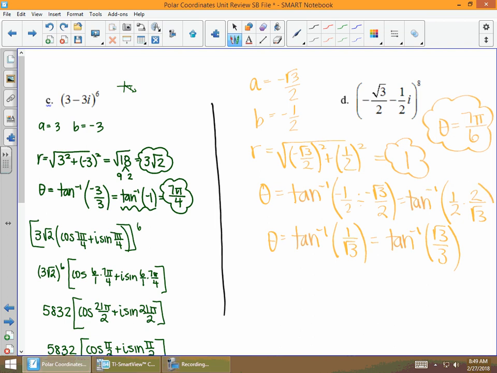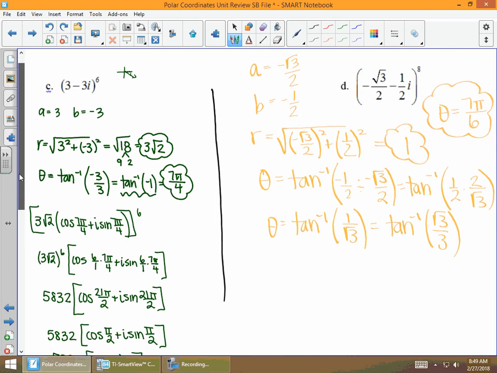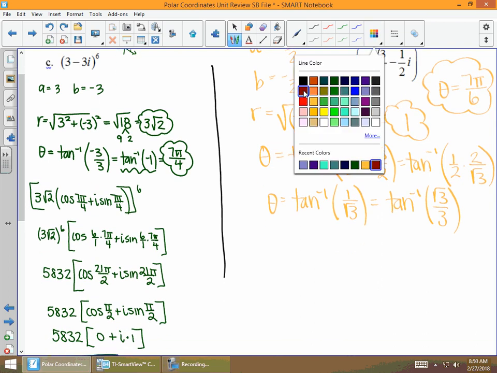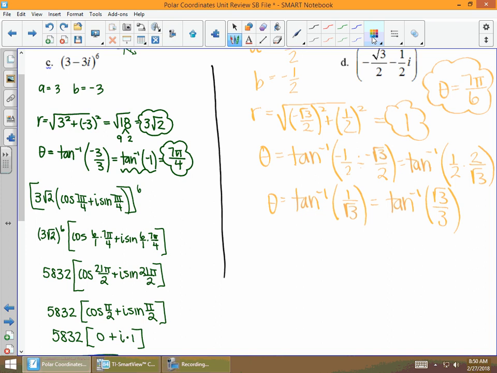Now we're ready to roll with our complex number in polar form. So all that pre-work to get this: 1 times cosine of 7 pi over 6 plus i sine of 7 pi over 6.